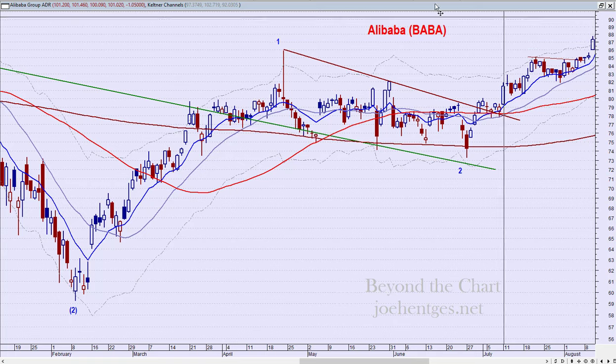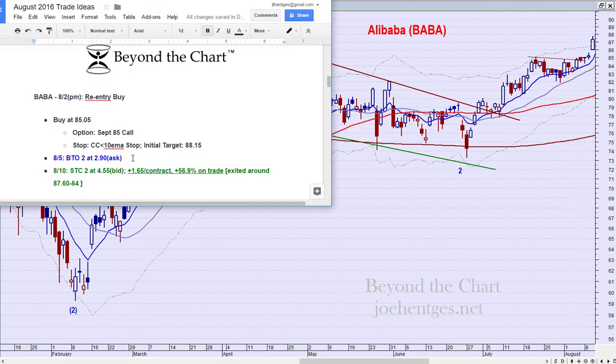Because we were trading outside of the calendar channels, I decided to go ahead and exit and grab the profit, and sold both of them at $455 bid. So $455 per contract. We made $165 per contract, or almost 57% on the trade. So that was a nice trade.